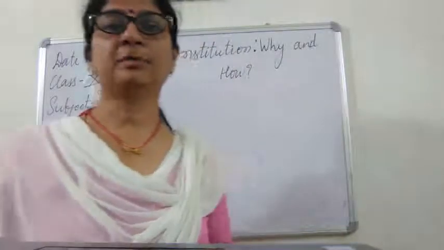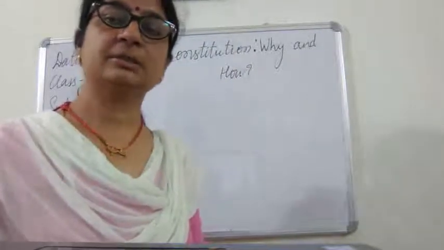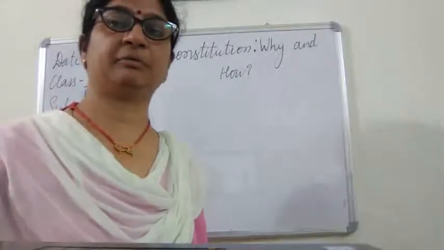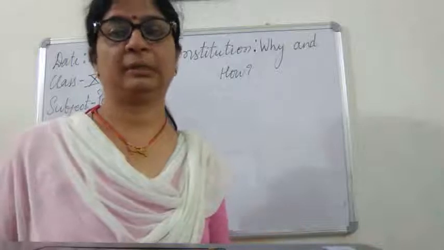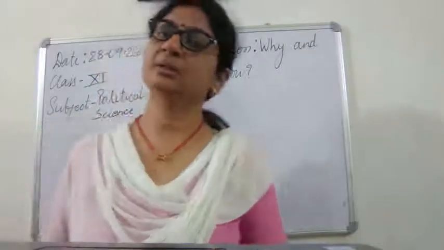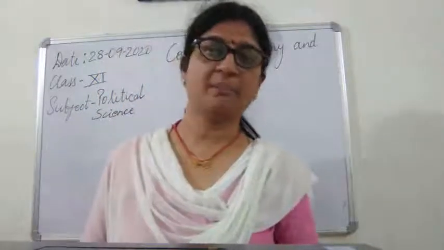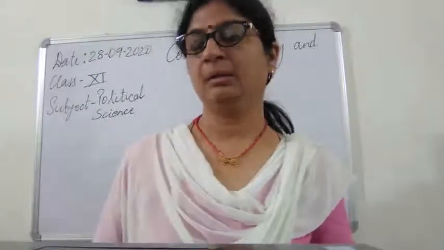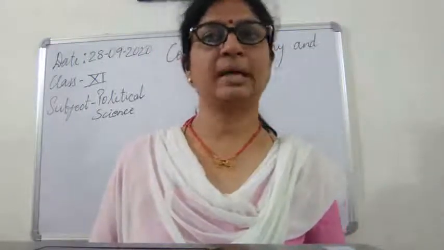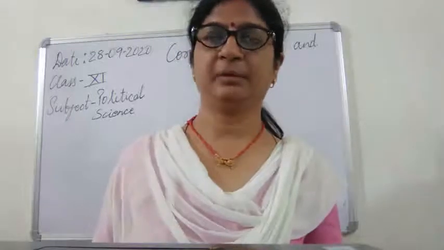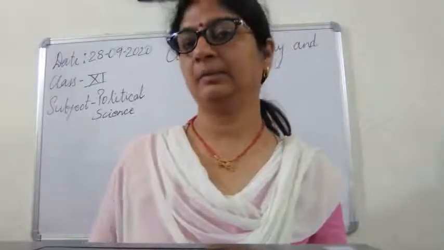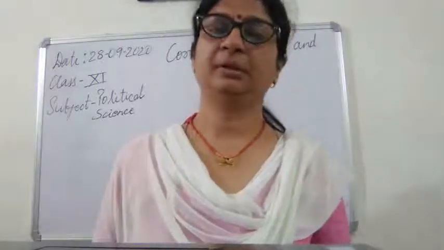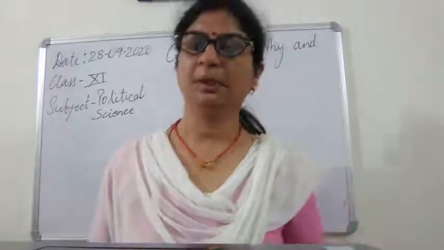And now we will shift to the third function, which is very much related to the second function. As we have just seen, the function of the constitution is to specify who has the power to take decisions. Now, the constitution has specified everything, and in our country, the parliament is given the power to make laws.